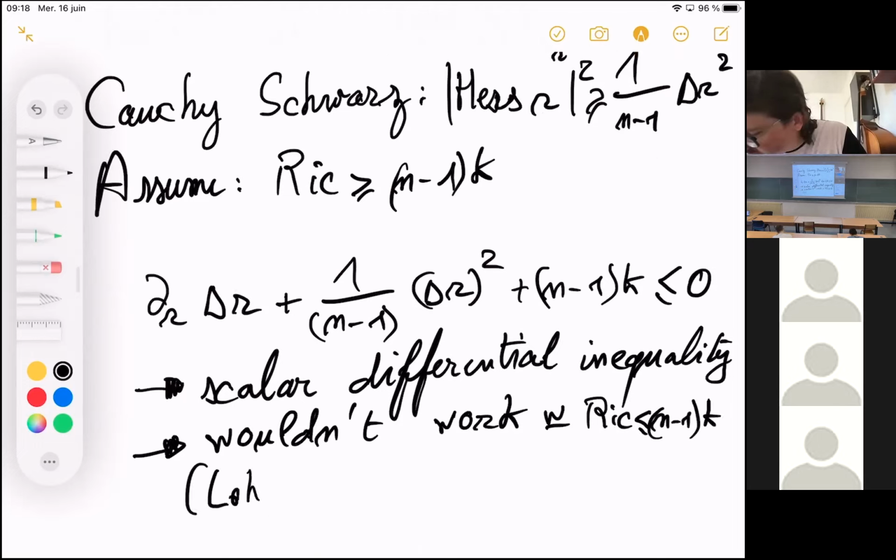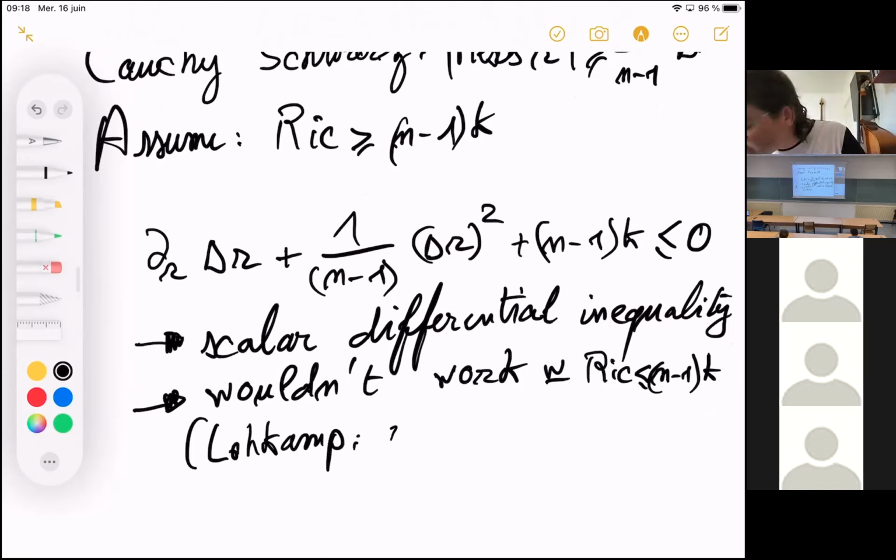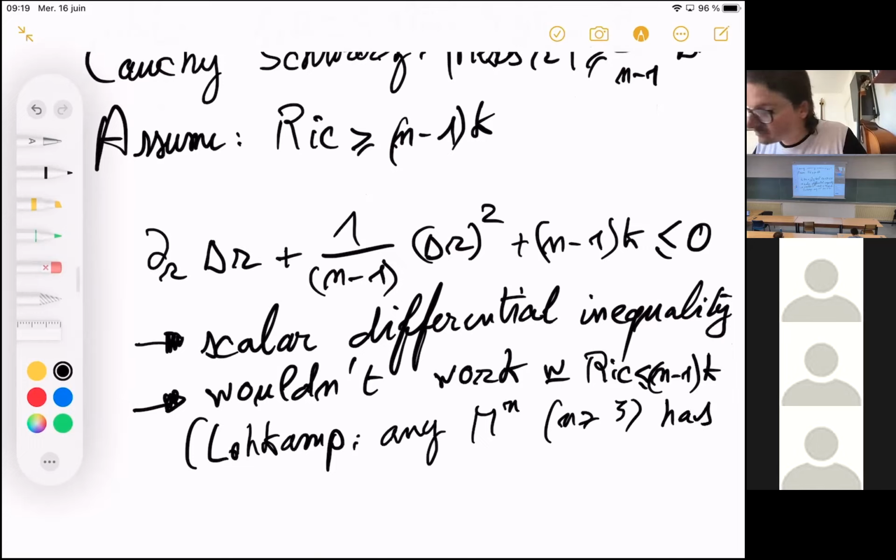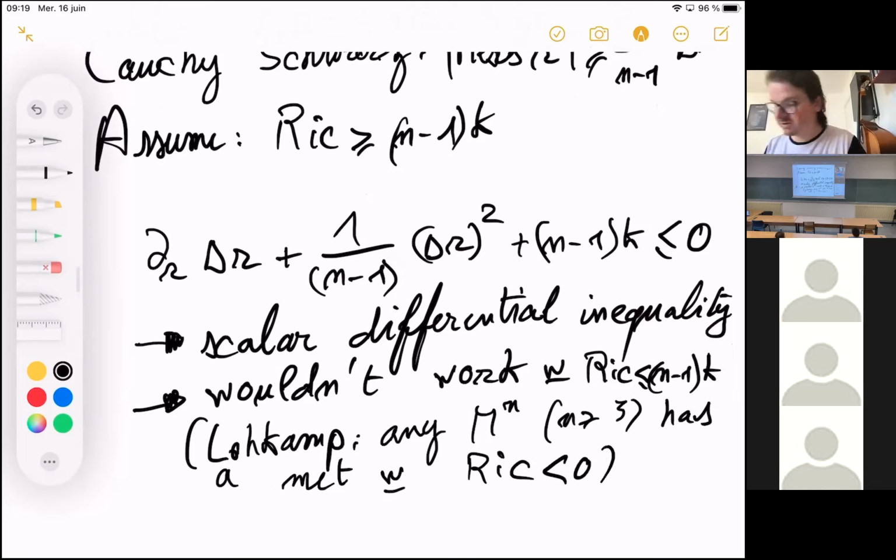Just for general culture, Lohkamp proved that any compact manifold M^n with n greater than 3 has a metric with negative Ricci curvature.